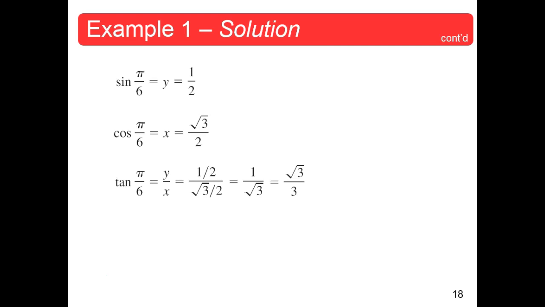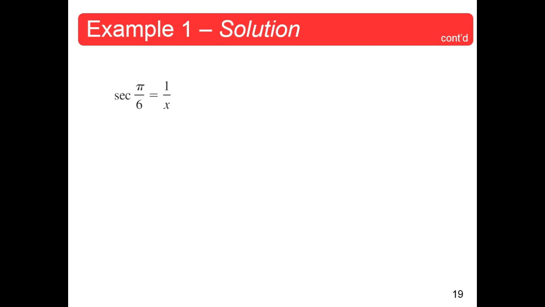Now, they're going to start over, I think, at cosecant, which is fine. Yeah, and it's just 1/y, which is a reciprocal of sine, 2. 1 over 1/2, which is 2. And then secant is 1/cosine, which is 1/x. And that's going to be 2/√3.